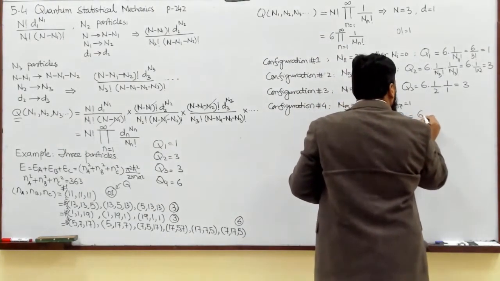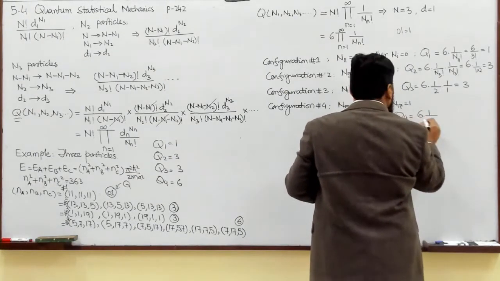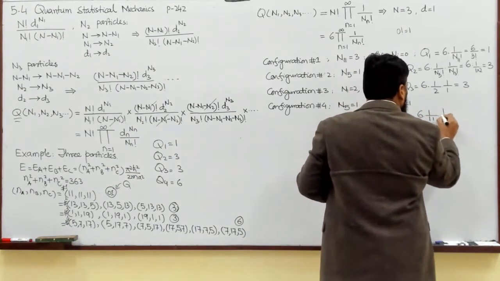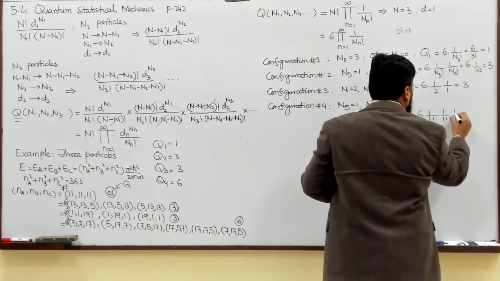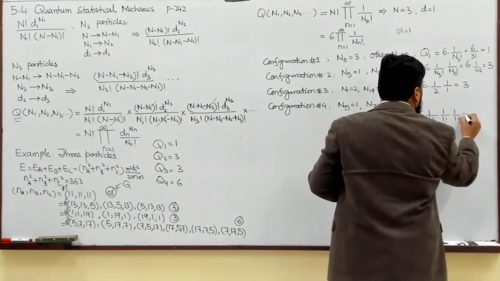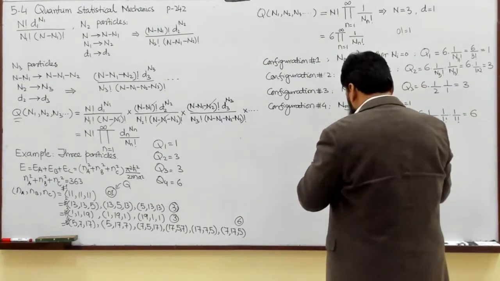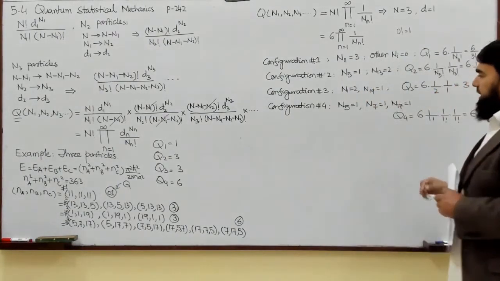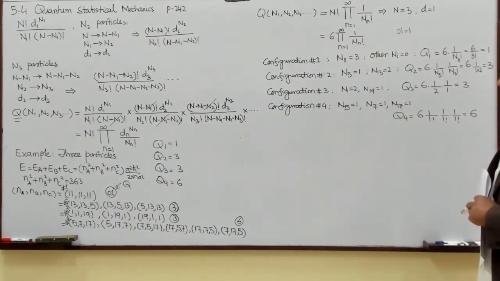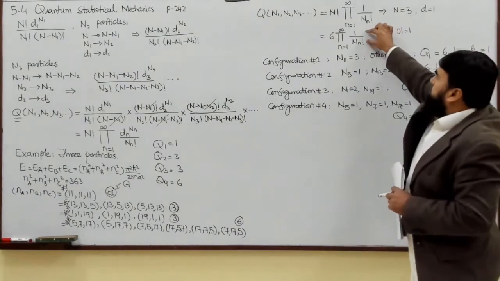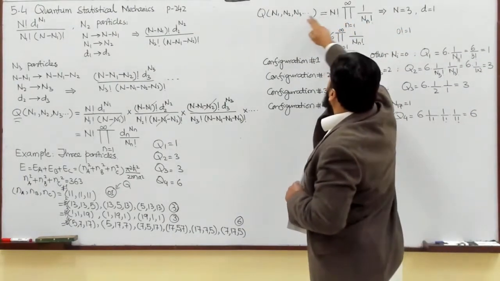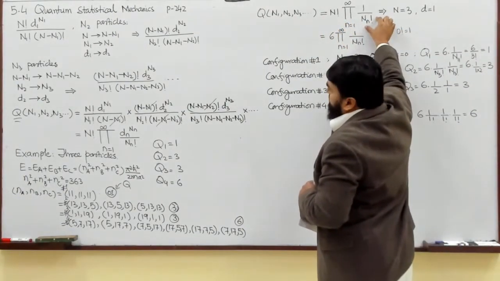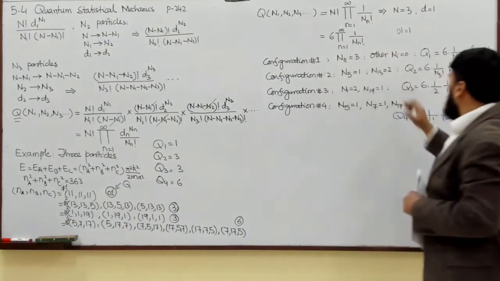Q4 is 6 multiplied by 1 over 1 factorial, 1 over 1 factorial, and 1 over 1 factorial. So we got 6 here. And it seems that our generalized result, which we obtained from the general case, is true.